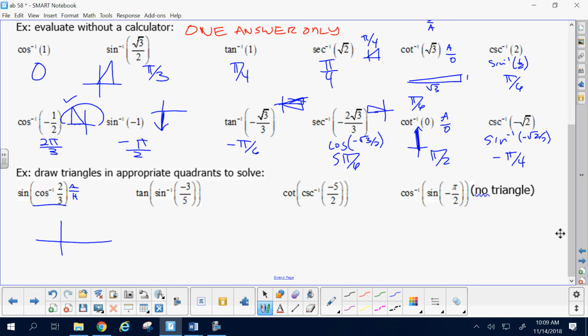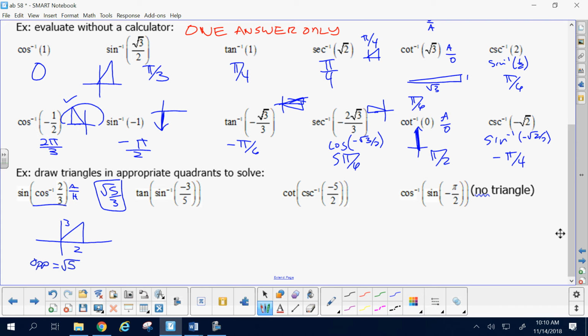That would mean that the triangle has an adjacent side of 2, a hypotenuse of 3. Then you take the sine of that angle, which is the opposite to hypotenuse ratio. So you need to find the opposite. By Pythagorean theorem it is square root of 5. And so the final answer of sine is root 5 over 3.